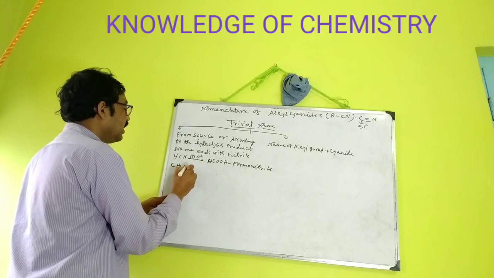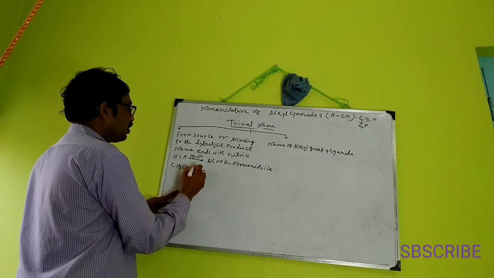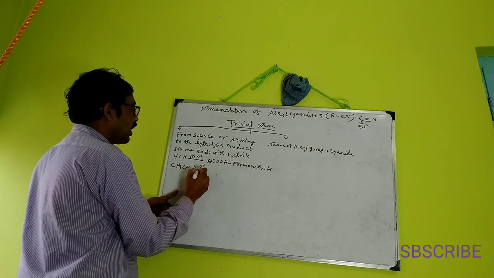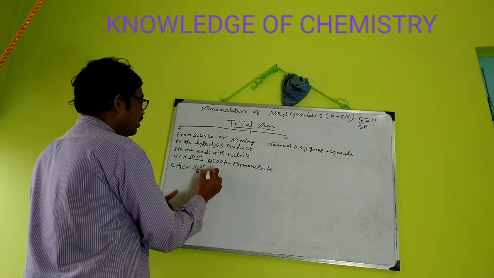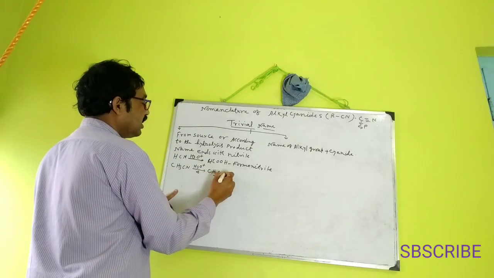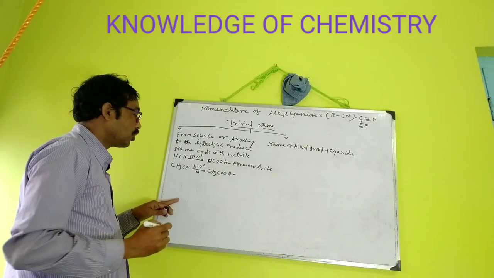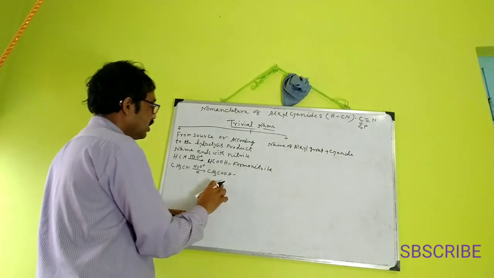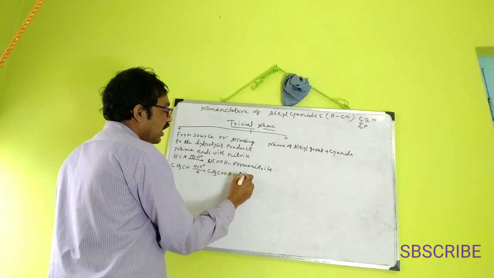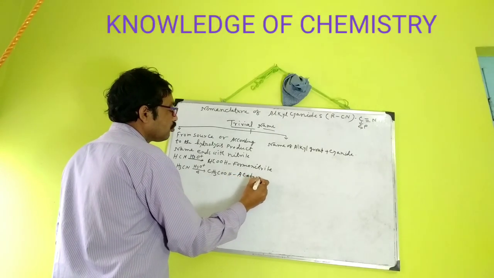Similarly, CH3CN, when hydrolyzed by acid, gives acetic acid. So its name will be acetonitrile.